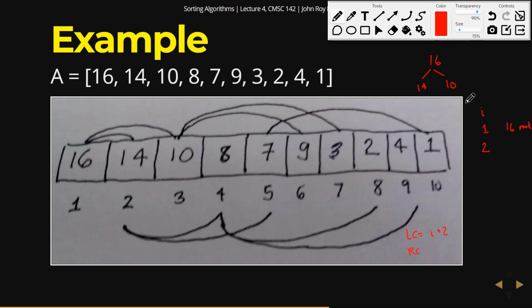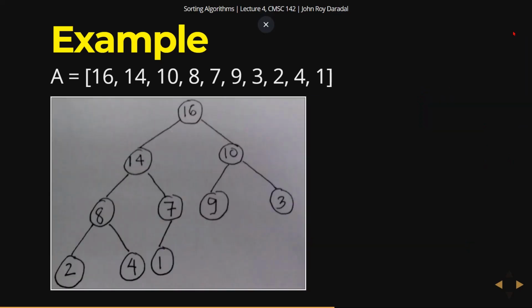The right child is at index times 2 plus 1. So 14 would be there, and then 2 plus 1, 10 would be there. So that's why it's at index 2 and 3, because 14 and 10. Okay, so that's the heap data structure.